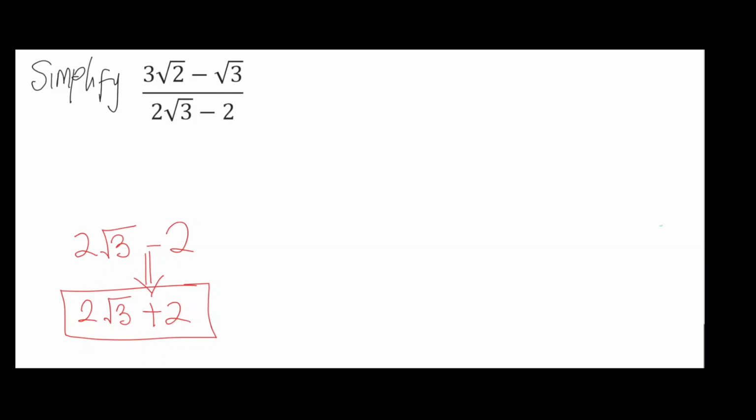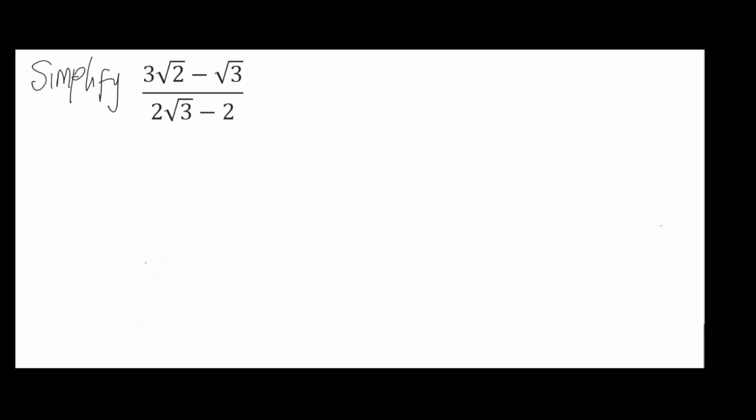Now let's quickly get that done. Let me write the question again properly. Writing down the question, we have 3 root 2 minus root 3 divided by 2 root 3 minus 2.